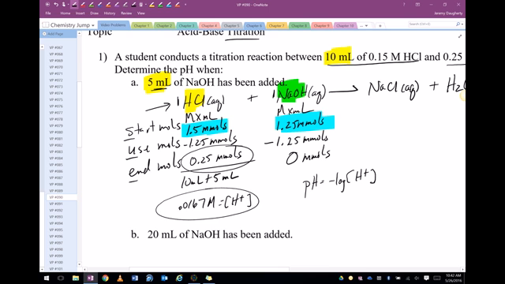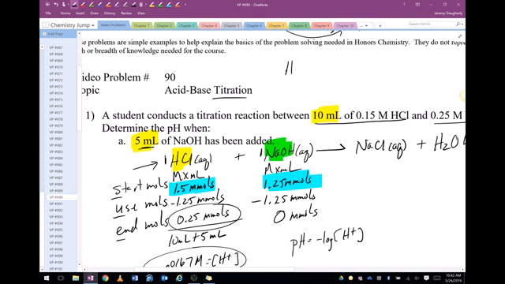Let me talk about this real quick right up here. So what I'm saying is HCl breaks up completely, one-way arrow. So it breaks up into the hydrogen ion and the chloride ion. So if this is 0.0167, this is 0.0167.